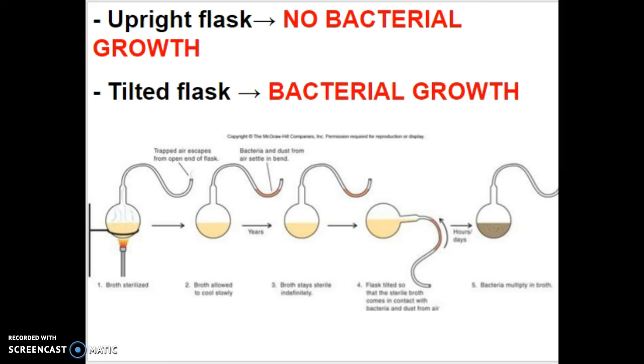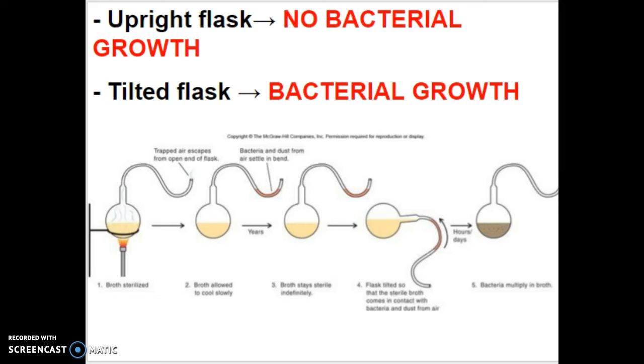And he let that flask sit. As long as the flask stayed upright, the U-shaped bend in the swan-necked flask prevented the bacteria from getting into the broth to spoil it. It stayed this way for years. It was sterile indefinitely.